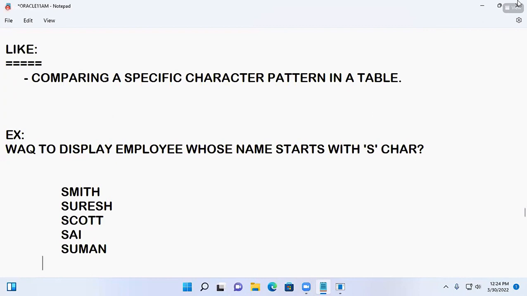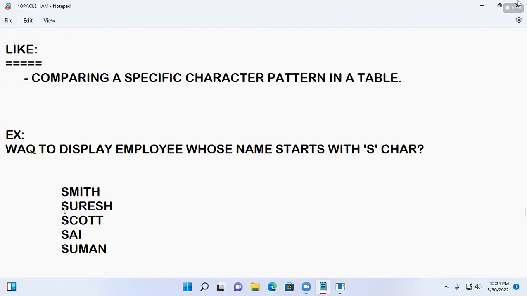S character. Now in this kind of situation, for example, your table has lakhs of people's data. There are 1 lakh employees' data in my table. In these 1 lakh names, I don't know how many names start with the S character.